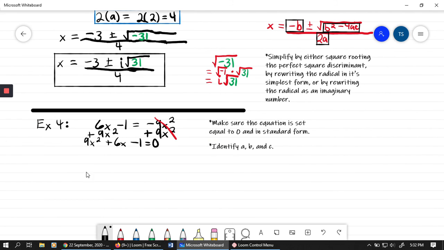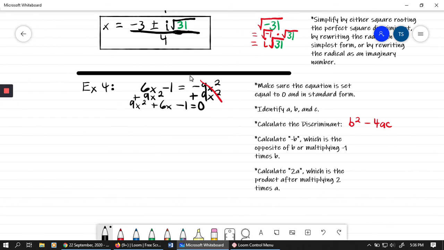Let's also calculate our discriminant, the opposite of b, and 2a. We're going to calculate this after we identify a, b, and c.